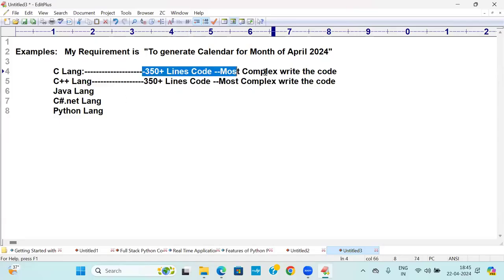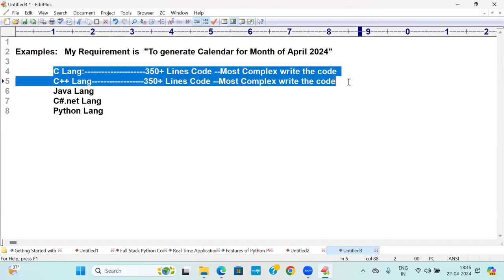Why are we writing so many lines of code there? Because there was no predefined facility available in the C++ language.